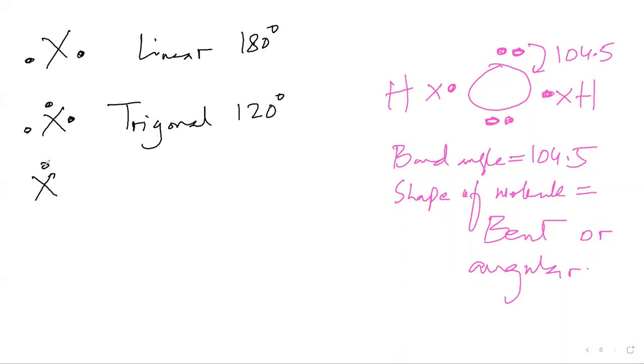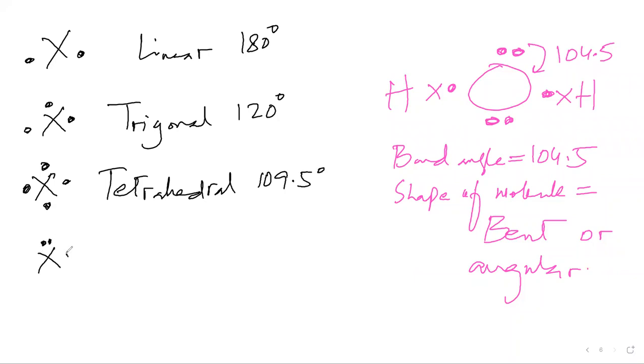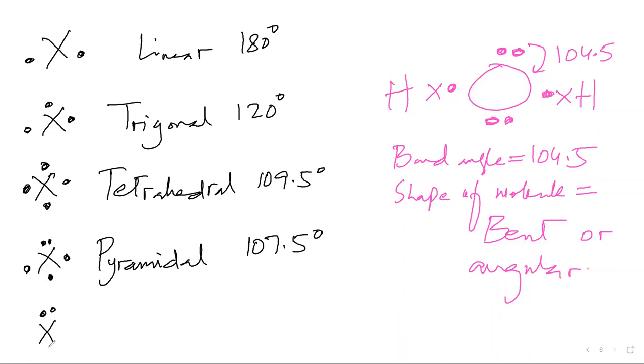If four bond pairs are present, it will be tetrahedral and 109.5. And next, if one lone pair and three bond pairs are present, then pyramidal, and bond angle is 107.5. If there are two bond pairs and two lone pairs, then the shape of the molecule becomes bent and the angle reduces from 107.5 to 104.5.